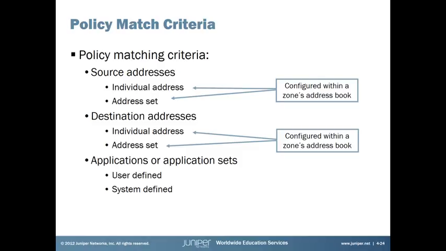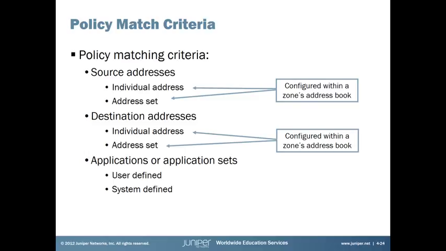So we go into our address book and we say FTP server, and we put the address 10.10.1.12, for example. That's our FTP server. Then in our policy, for destination address, we don't type the IP address, we type FTP server, because we predefined that in our address book.